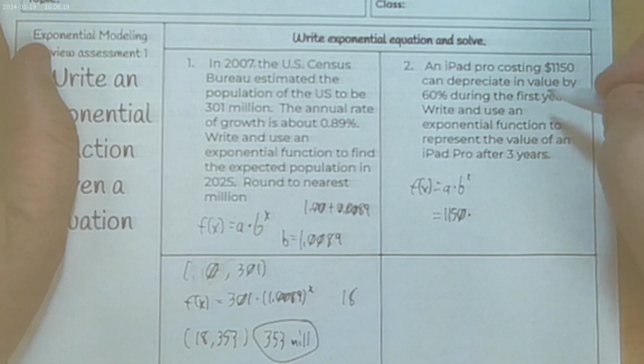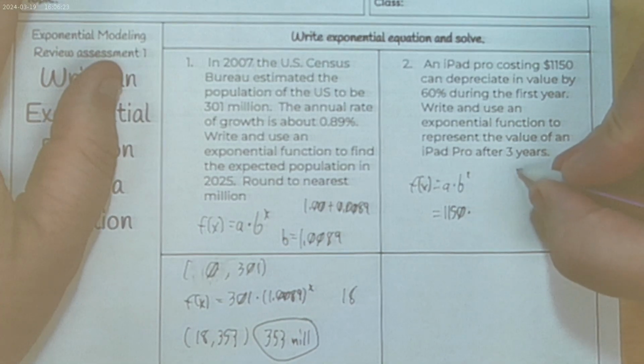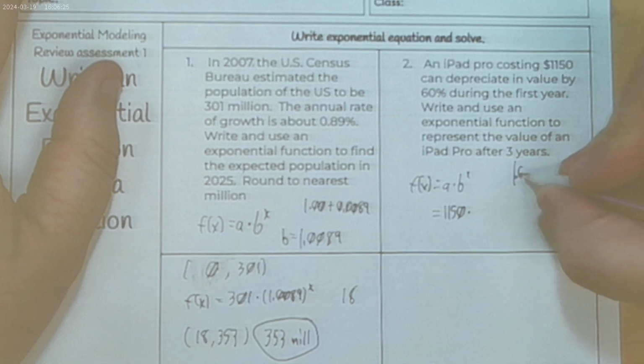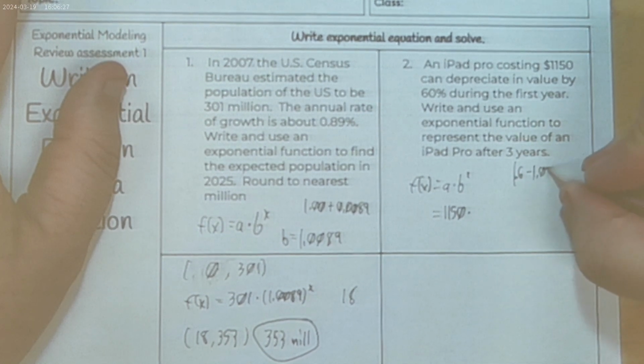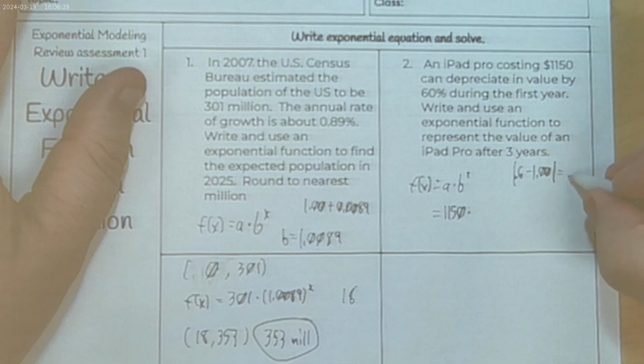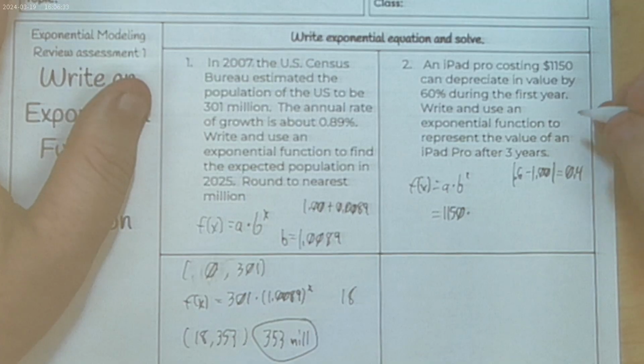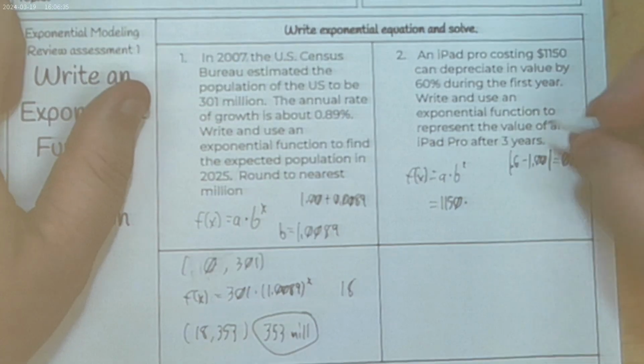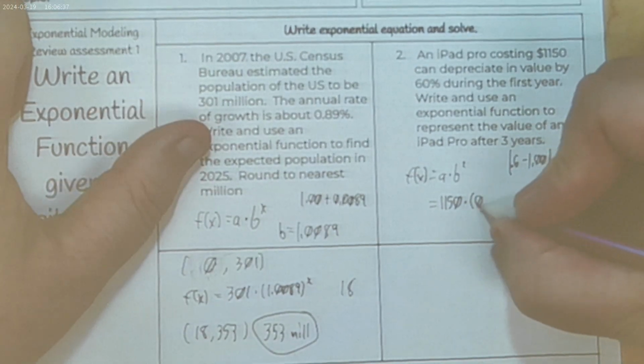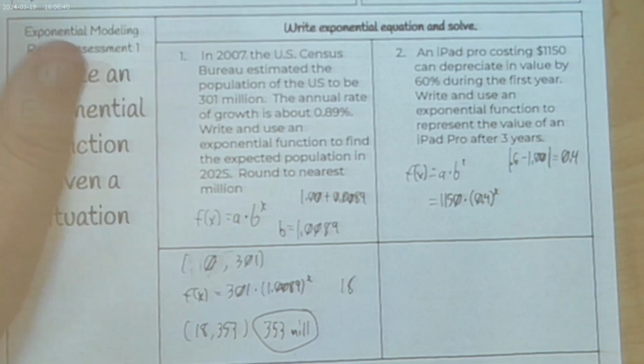So that means we have a decay rate of 60%. If we have a decay rate of 60%, that means that we're going to do 1.00 minus 0.6. That's going to give us 0.4. So that means we have 0.4 to the x.